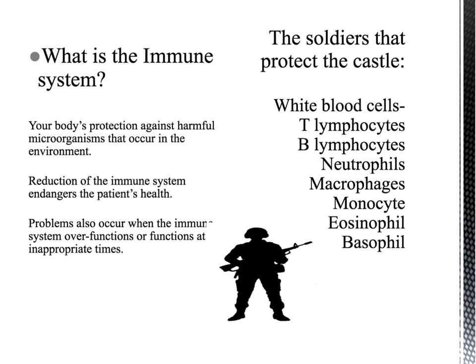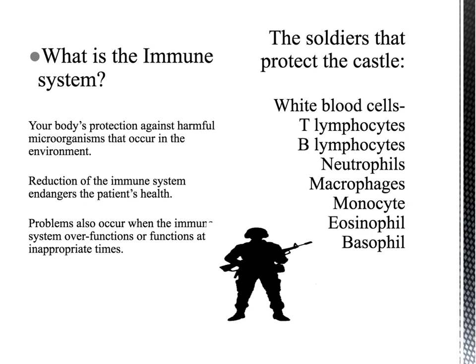The soldiers, if you will, is what we call them, and those are the white blood cells. Many different kinds. If you can pull back from maybe an anatomy class or a biology class, you'll remember that there are a lot of white blood cells, and underneath the umbrella term of white blood cells are very differentiated or specialized white blood cells that do certain jobs.